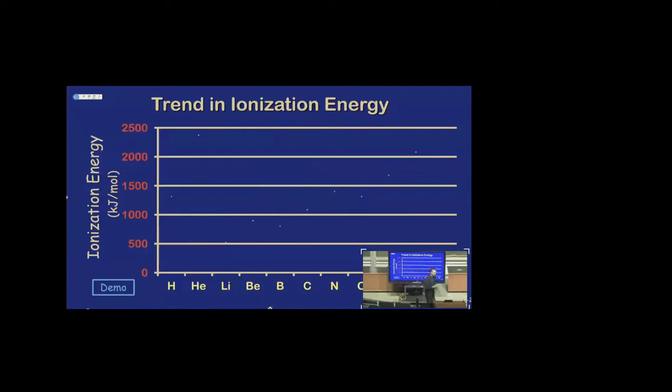And from that, they were able to deduce what elements had similar properties, elements likely to combine in certain proportions. And from that, the structure emerged, the columns of elements that had similar properties.